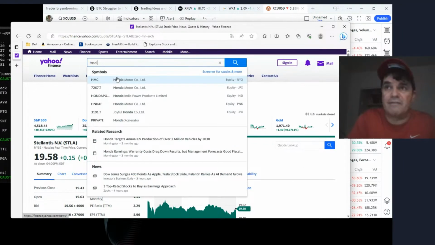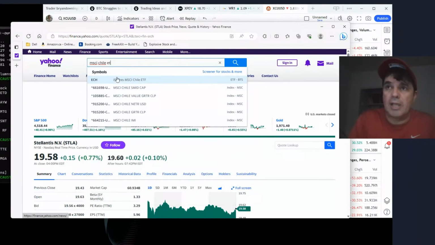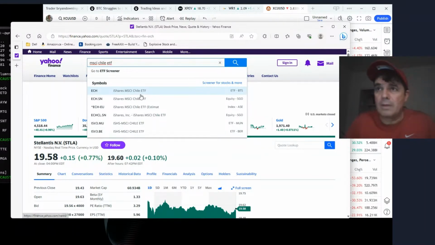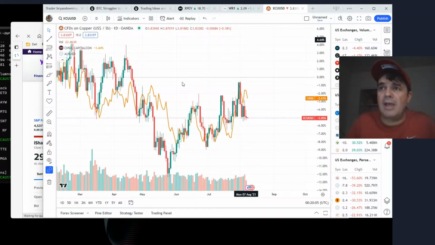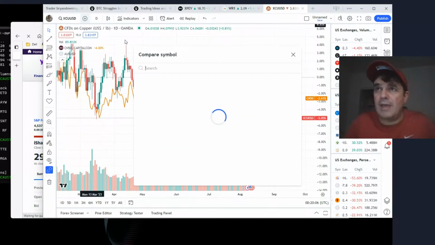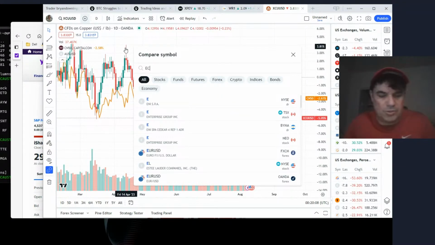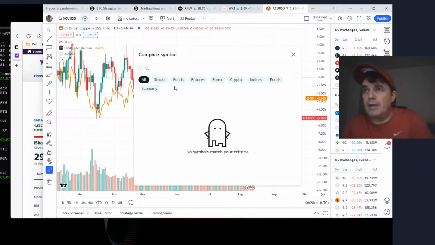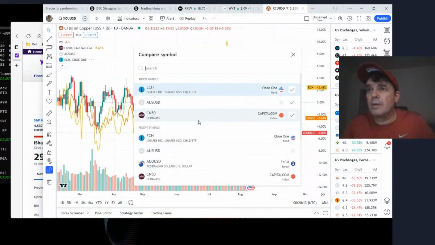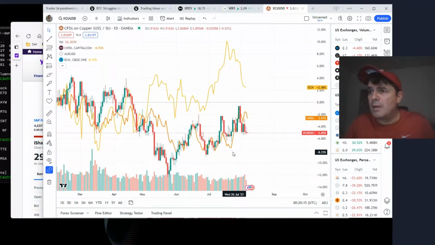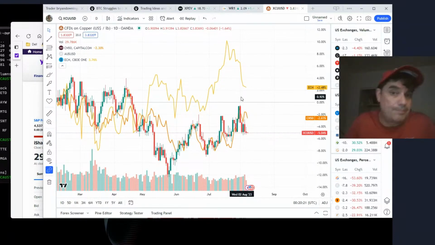Let me see if I can find a Chile ETF. This one right here, ECH. That might be the closest we would get to exposure. So in orange, yeah, it looks like they kind of move together. So stick with the Chilean MSCI ETF as an example.